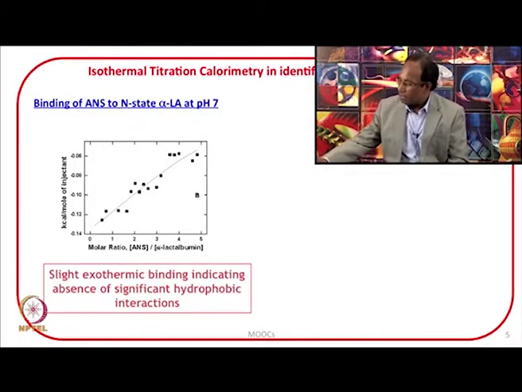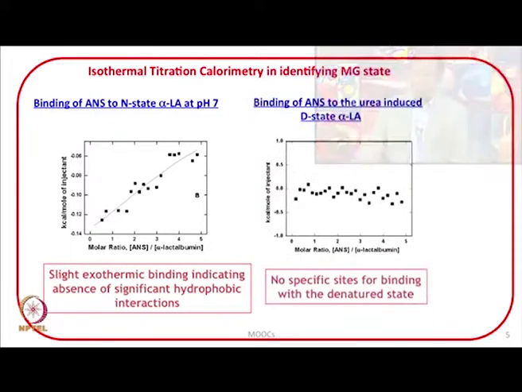And as I said, the next experiment that should be designed is the binding of ANS to the denatured state of a protein. You can denature the protein by adding urea. So this figure represents binding of ANS to the urea induced denatured state of alpha-lactalbumin. And in this we do not observe any binding behavior, any binding profile.